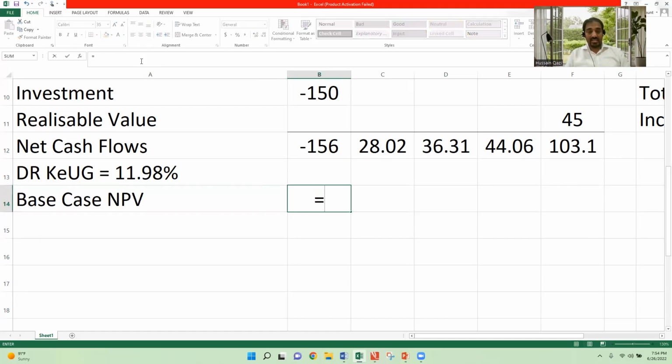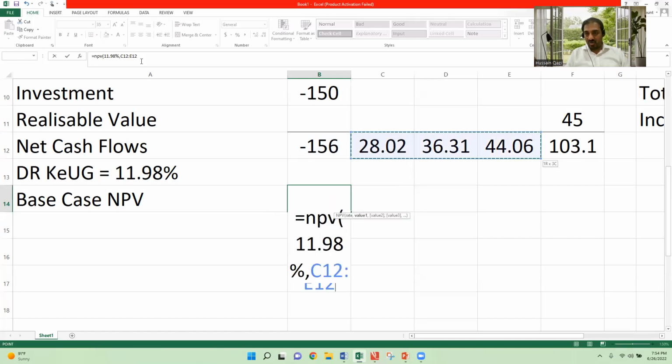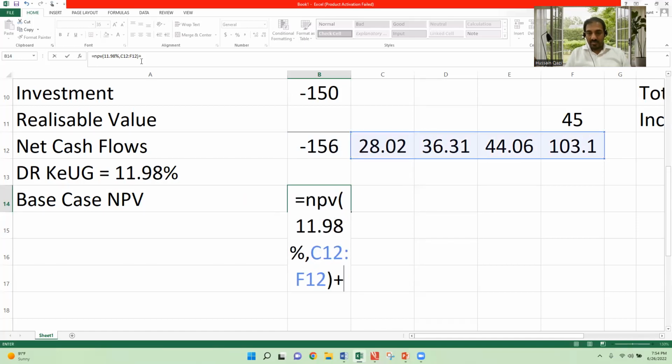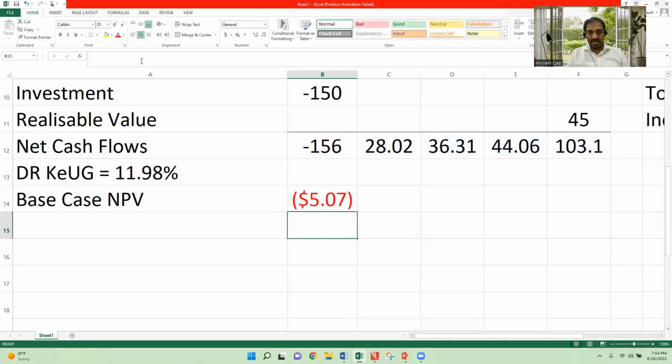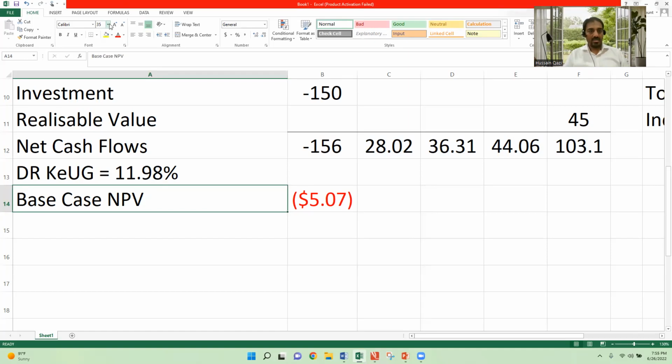How to calculate the base case NPV: NPV of 11.98%, comma, the present value of future cash flows, plus the initial investment of 156, and that is 5.07.